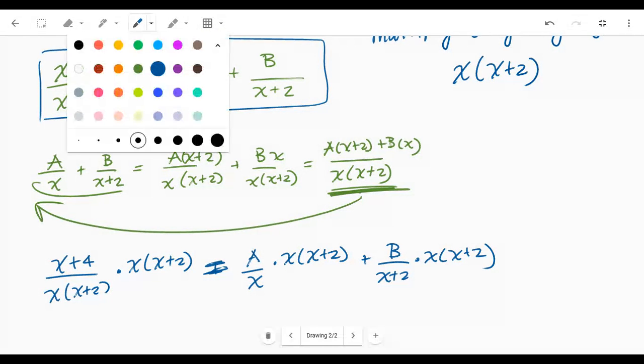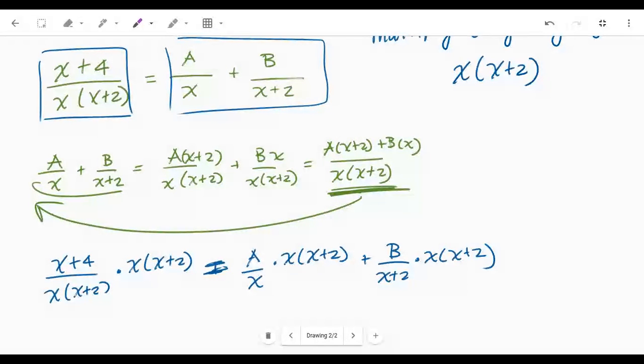Now what that does is it clears all your denominators. The x's cancel out, the (x + 2)'s cancel out.